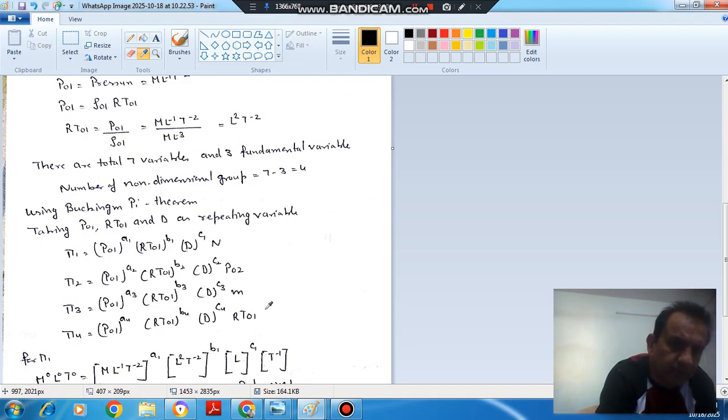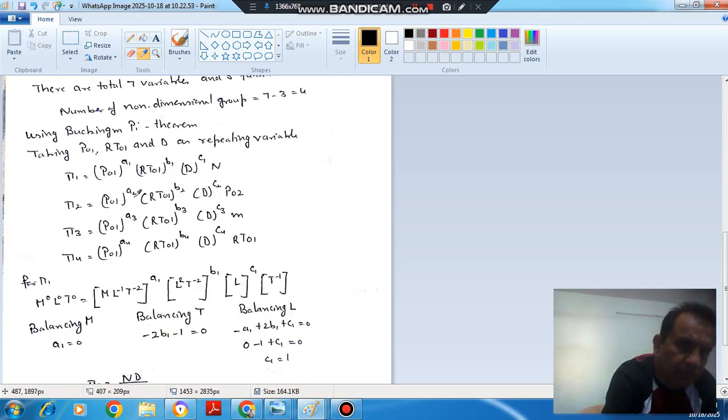So if we consider pi 1 and put the dimensions of the various quantities: for P01 it is M L minus 1 T minus 2, for RT01 it is L squared T minus 2, for D it is L, for N it is T minus 1. Now balancing for M, the dimension of M is 0 and here there is A1, so A1 is equal to 0.